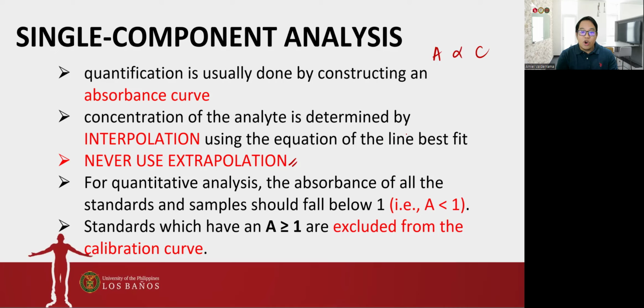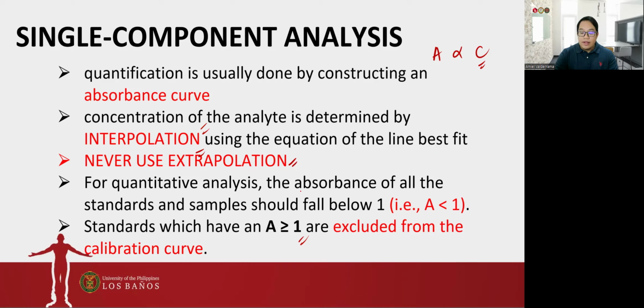So, if you have an absorbance greater than 1, ibig sabihin, highly concentrated yung ating solution. So, if you have an absorbance greater than 1, what we can do is dilute that sample and read again sa ating UV-Vis spectrophotometer. Then after you have read, you have to take note of the dilution factor para ma-account natin yan when we quantify the concentration of our solution via interpolation.